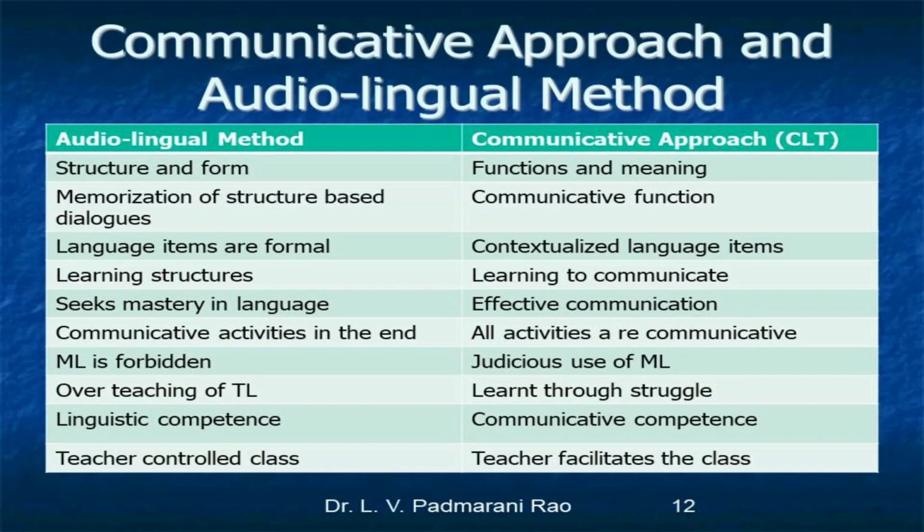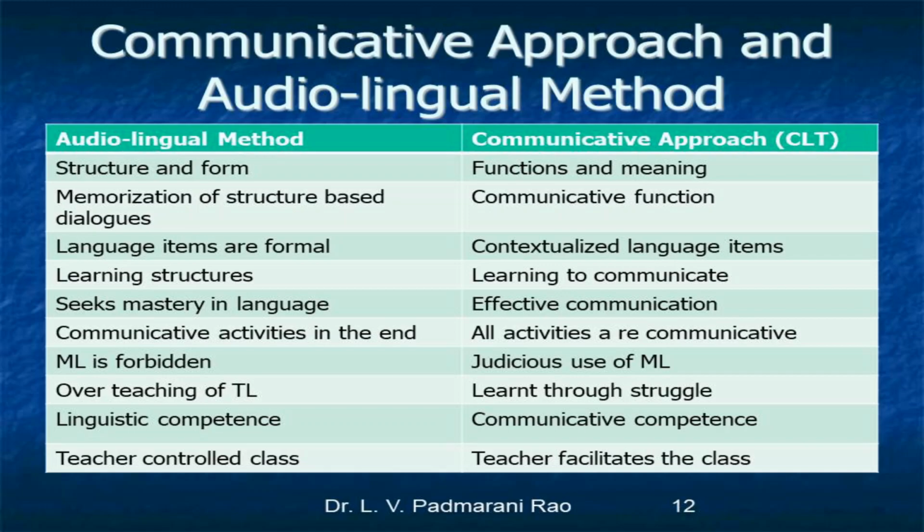In the audiolingual method, language items are not necessarily contextualized, whereas in communicative language teaching, contextualizing is the basic principle. The audiolingual method believes that language learning is learning structures, sounds, or words, whereas communicative language teaching believes that language learning is learning to communicate.